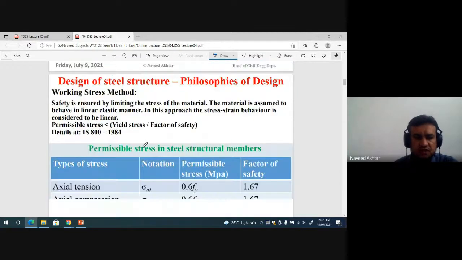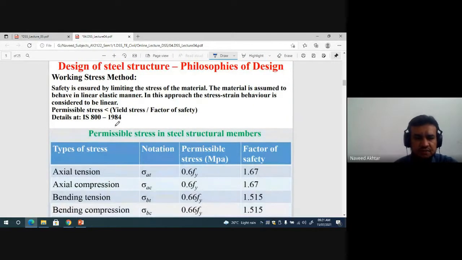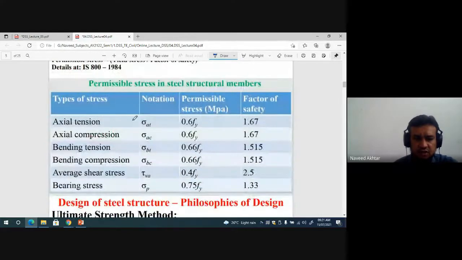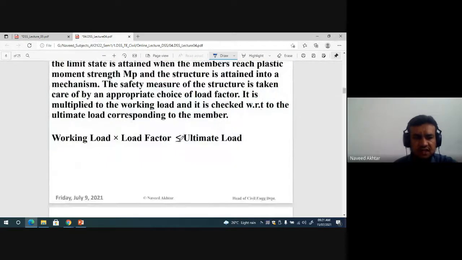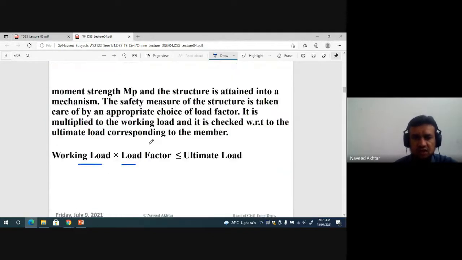Also, we have discussed the permissible stresses in working stress method, and how you can take different conditions: axial compression, bending, tension, or bearing stresses. So these factors of safety you can employ while designing by the working stress method. Then in the limit state method, the working load multiplied by the load factor gives you the ultimate load.